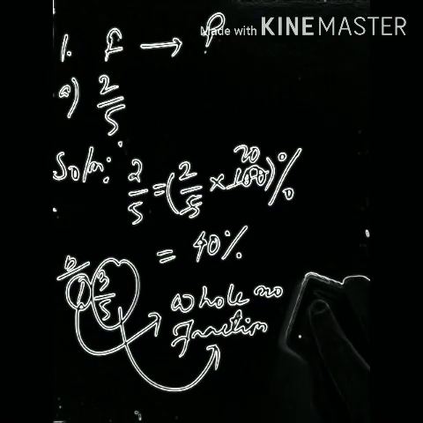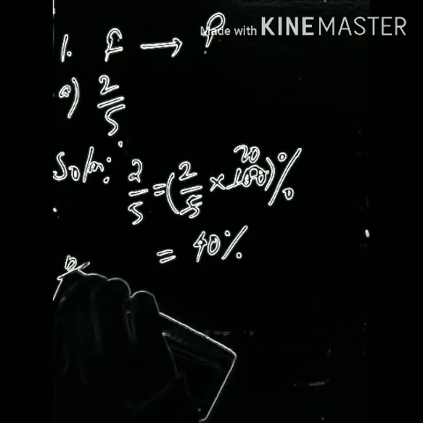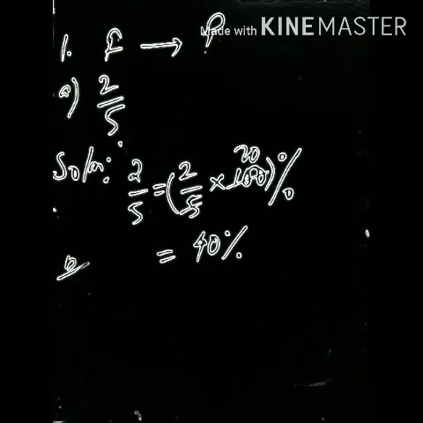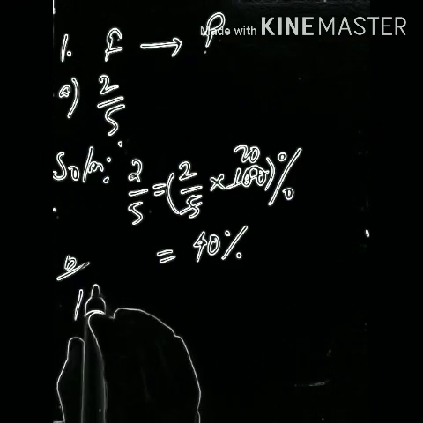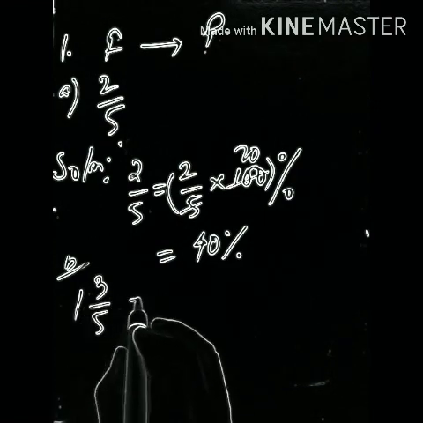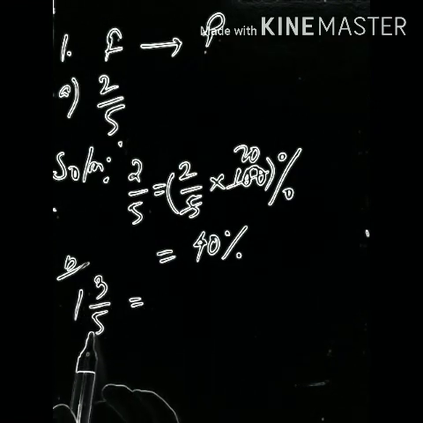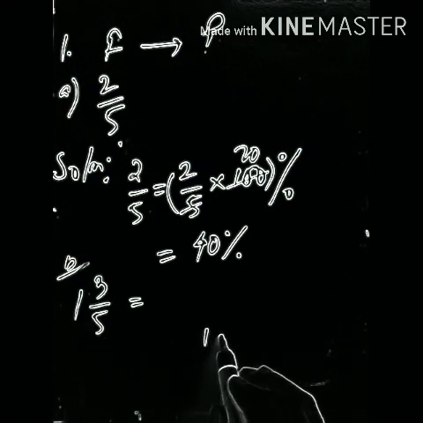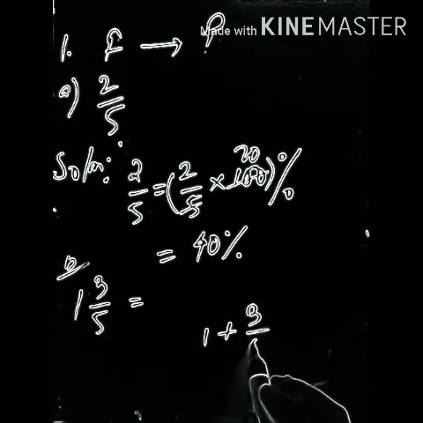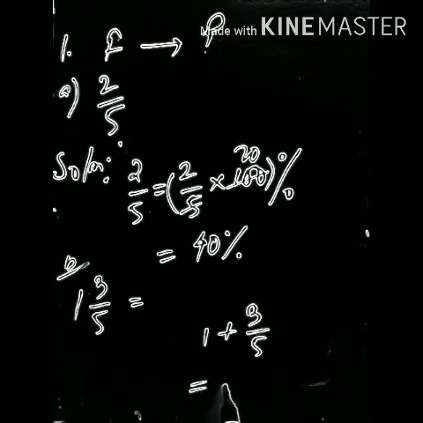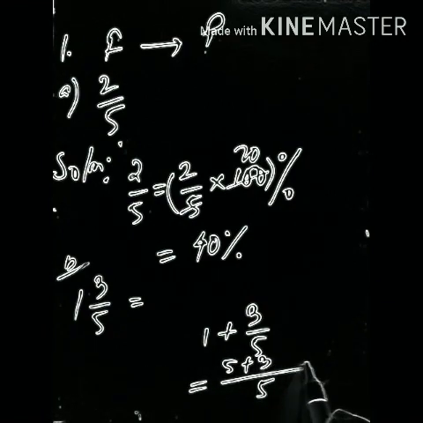So even this mixed fraction we are now going to convert into a percentage. One whole number 3 by 5 is just like 1 plus 3 by 5. If you take the LCM, you'll get 5, so 5 plus 3, and you'll get 8 by 5.